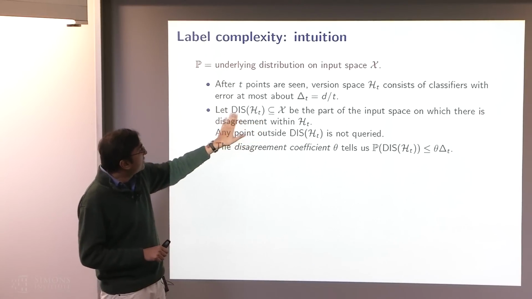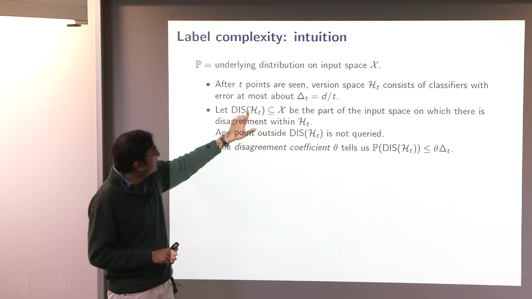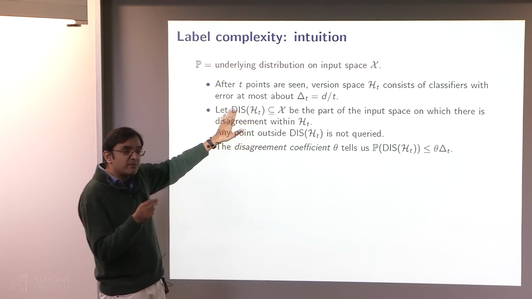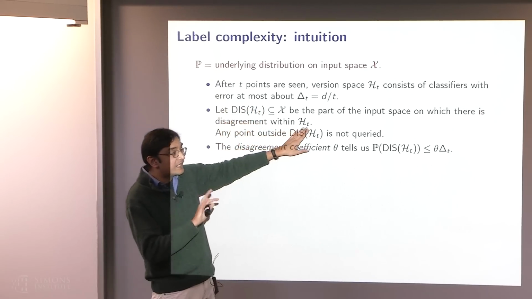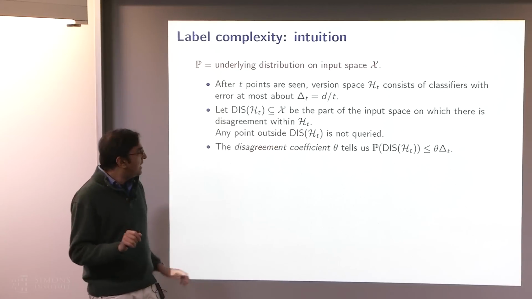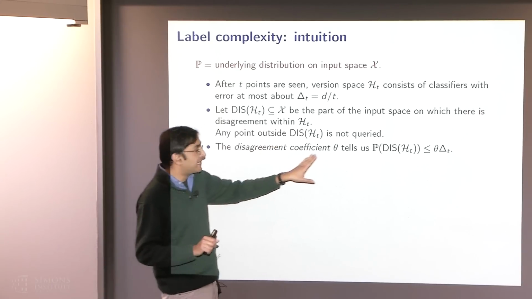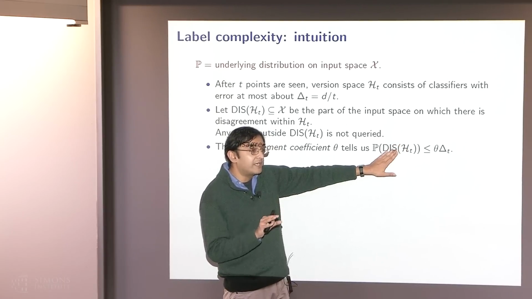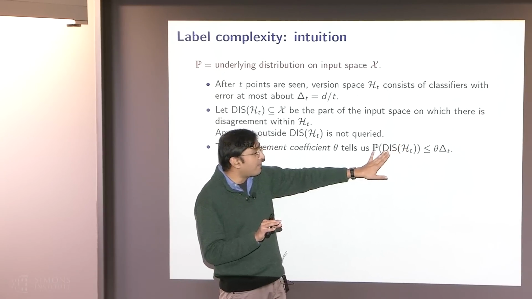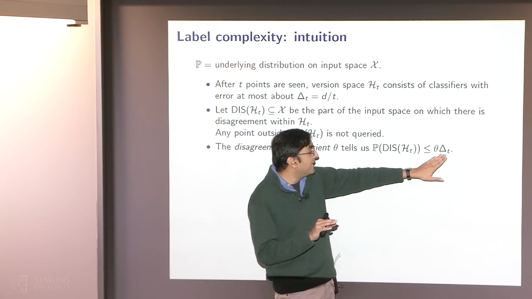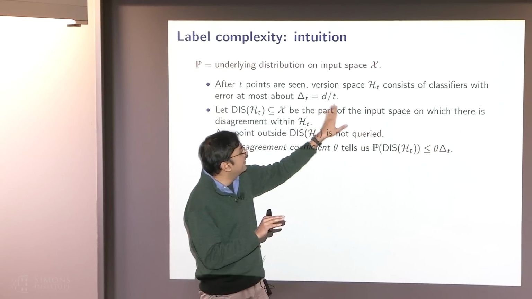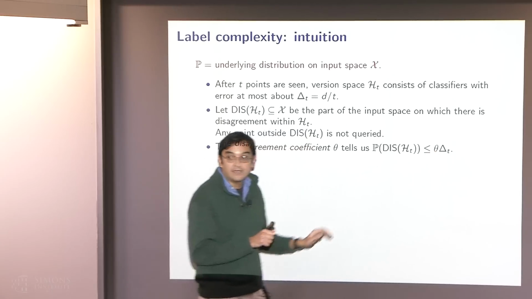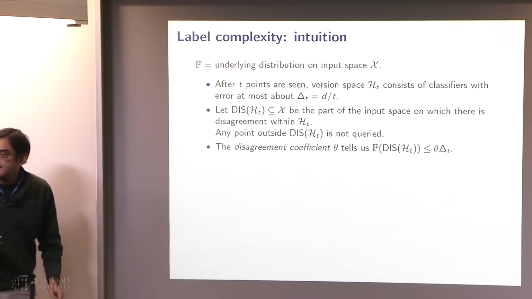Let's say the disagreement region of the current version space is those points on which there's some disagreement, and those are the only ones we're going to query. The disagreement coefficient tells us that this disagreement region can be bounded quite easily. It tells us that the probability mass of this disagreement region is at most the error rate, d over t, times theta.